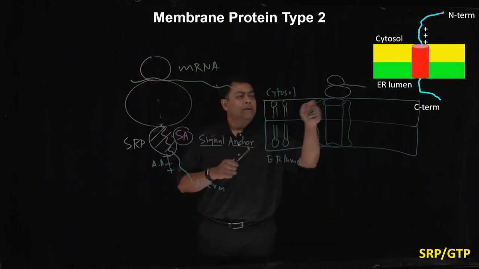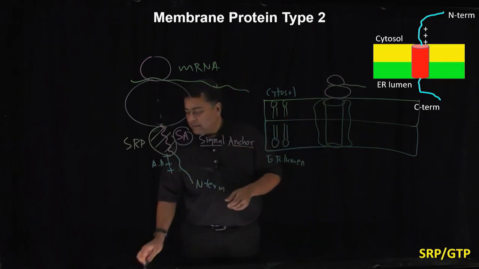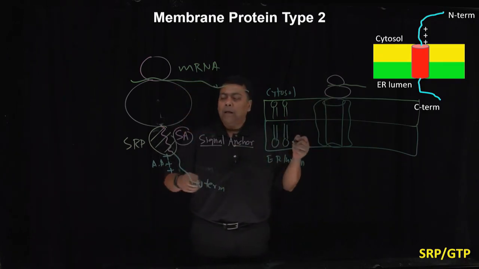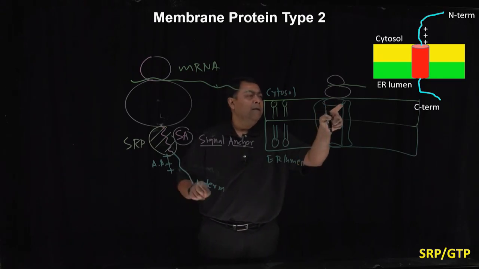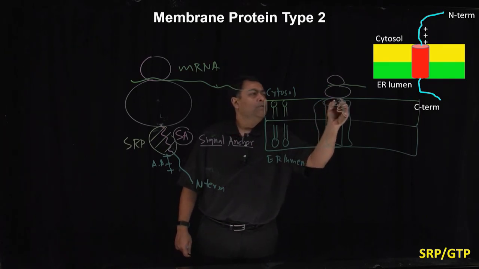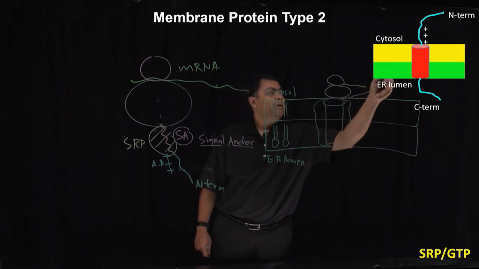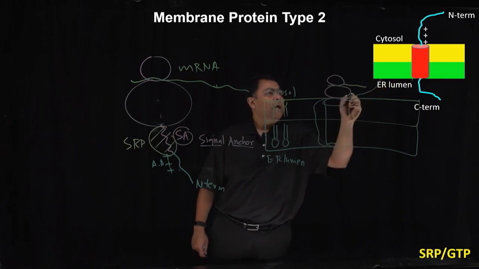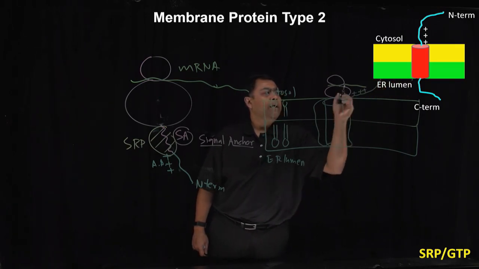And what happens is that as this protein is synthesized, these plus charges are going to be repelled by some of the plus charges that are already present on this surface, the face of the translocon. So the N-terminal is right here and the plus charges are just right here.